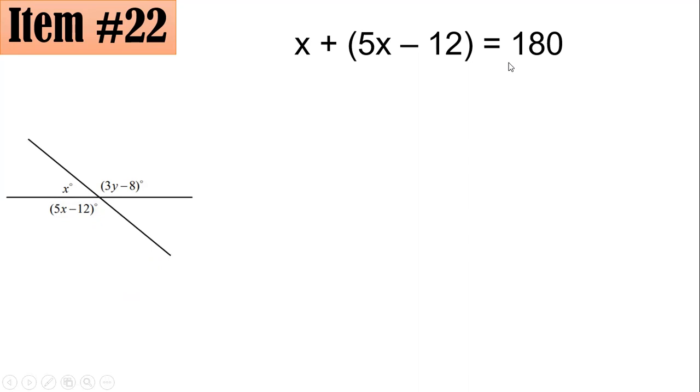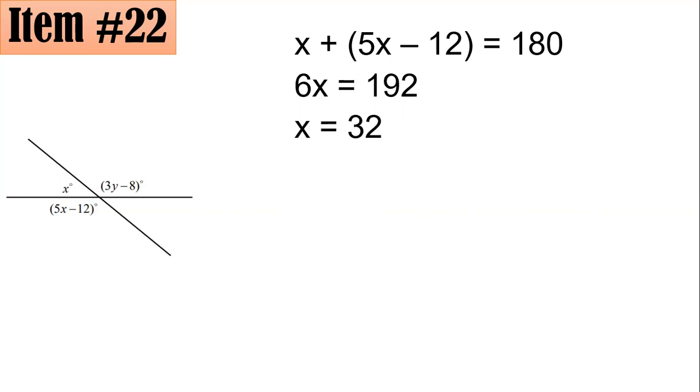For now, I omitted the degree sign. And x plus 5x is 6x. Then this minus 12 on the left becomes plus 12 on the right. That's why 180 plus 12 is 192. Dividing both sides by 6, you have x equal to 32.